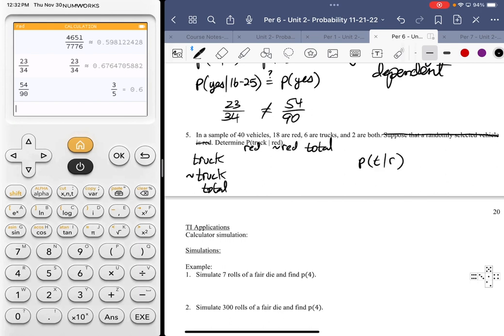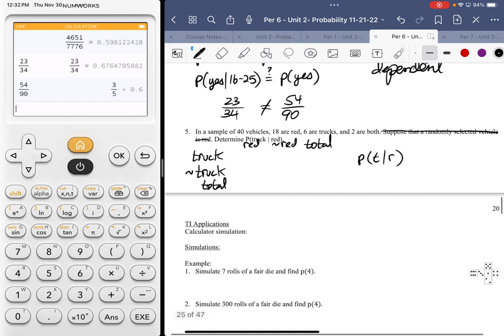Abbreviations are fine as long as it's obvious what the abbreviation is representing. So we have a total of 40 vehicles. So that's my grand total. 18 are red, 6 are trucks, 2 are both. All right, so we know what the 2 represents. That's the instances of red trucks.